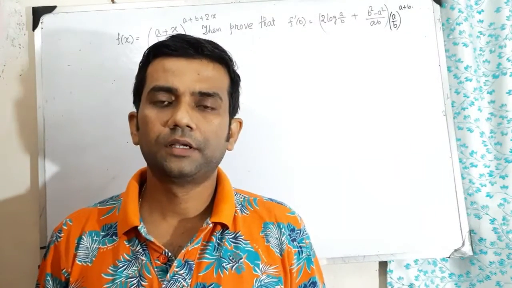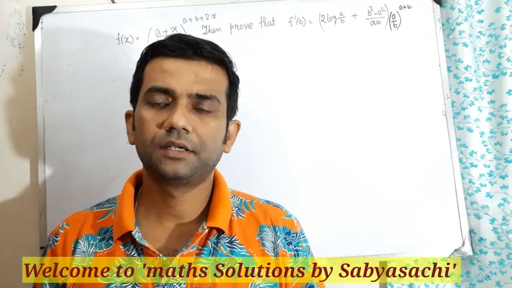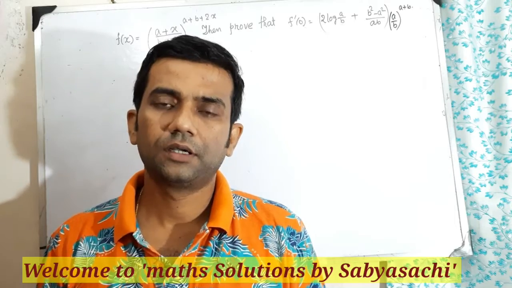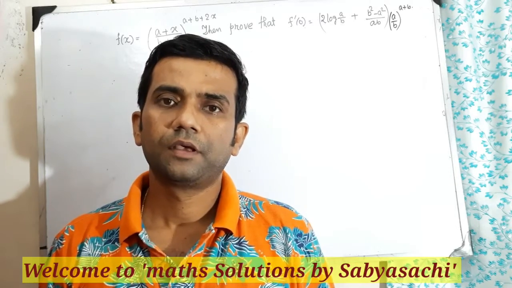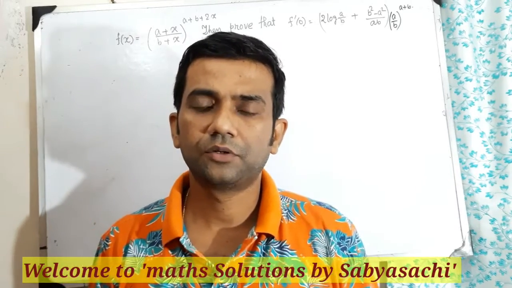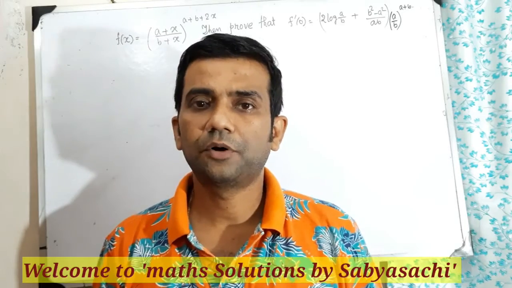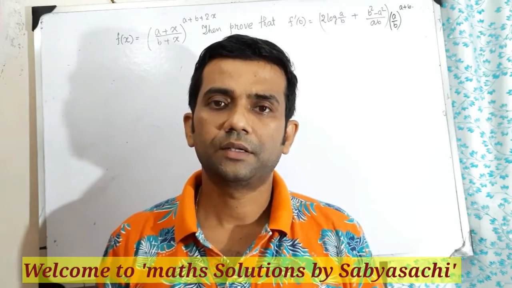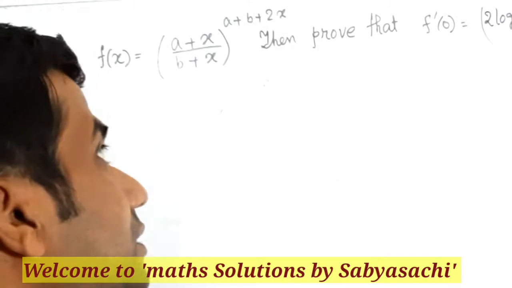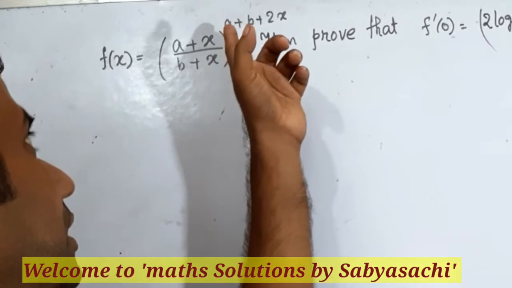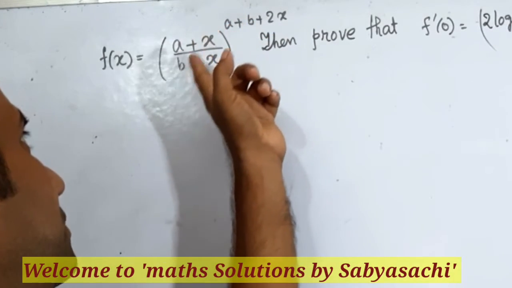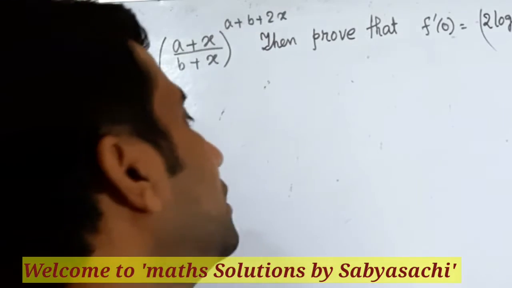I have already uploaded two videos on differentiation of infinite order. Today I am going to discuss a special type of differentiation, that is, f(x) = ((a + x)/(b + x))^(a + b + 2x).